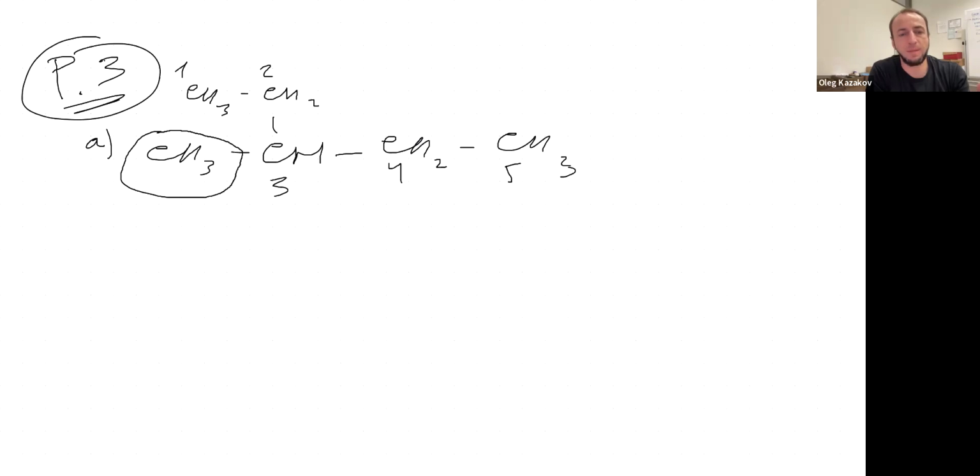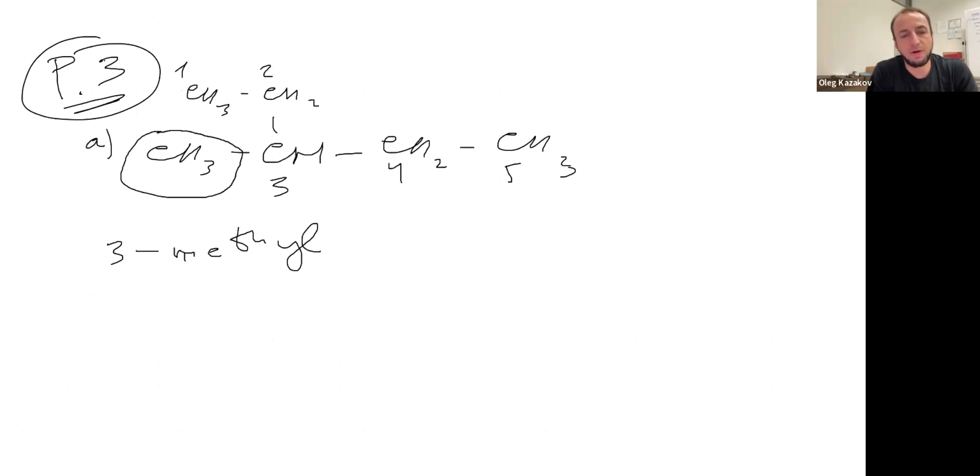So the carbon at which the methyl is located, the carbon number, will come first before the methyl, right? It's not going to be like methyl 3, right? That's not how the convention is set up. Even though for some of you it might be more convenient, it's not the case, right?